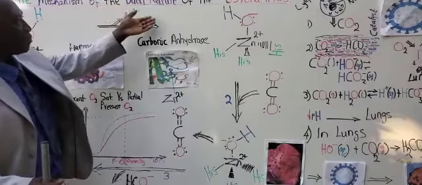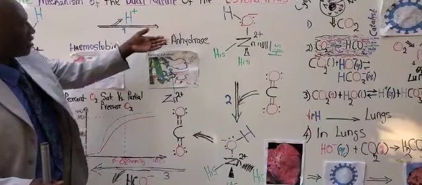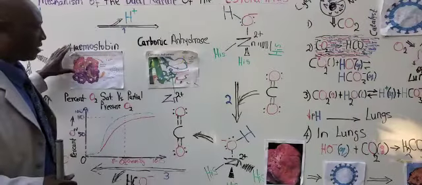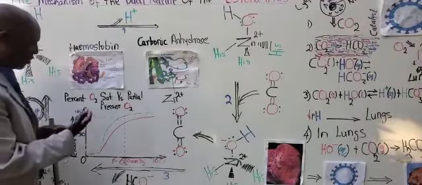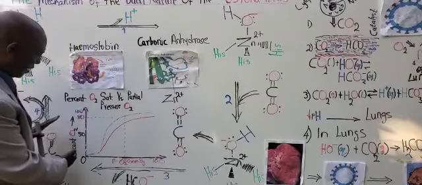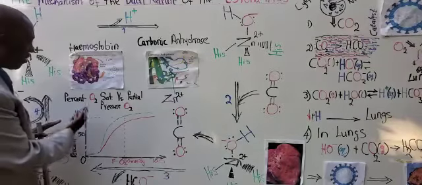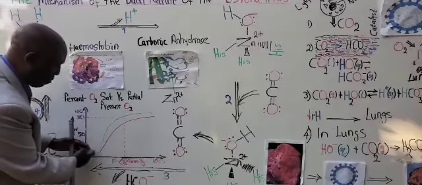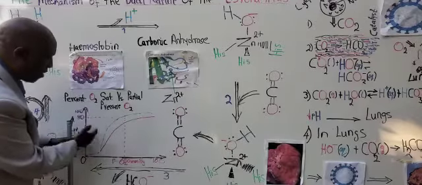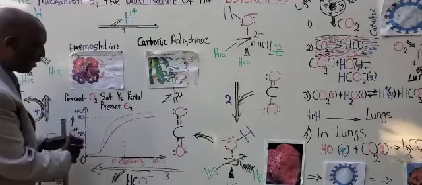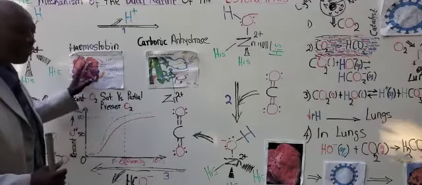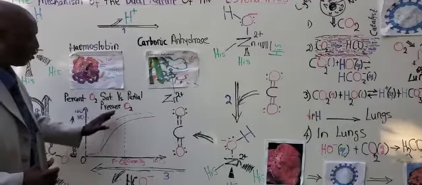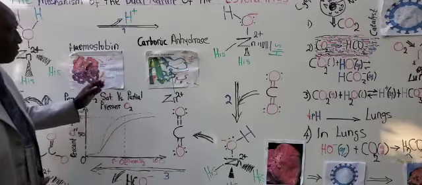So the mechanism of the dual nature of the coronavirus is about the interaction between carbonic anhydrase and hemoglobin. Hemoglobin binds oxygen like this. This graph, which represents how hemoglobin binds oxygen, shows that the first molecule binds to the heme of hemoglobin, that's oxygen, and this facilitates a conformational change that allows more oxygen to be bound to hemoglobin.